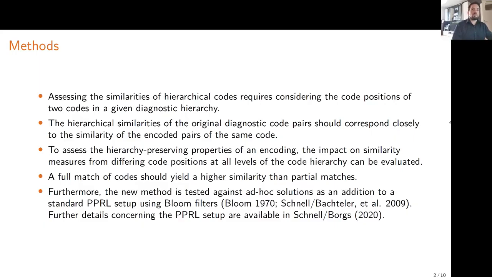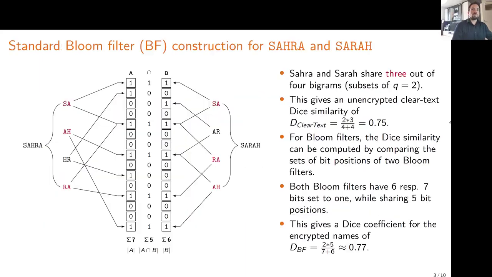To compare the method to the naive approaches, this is the standard Bloom filter construction for two first names. Now you can see that these are split into bigrams and hashed 2 times each. You could also think about doing that with a diagnostic code, where you would have a simple unigram for each code position that would then hash several positions.